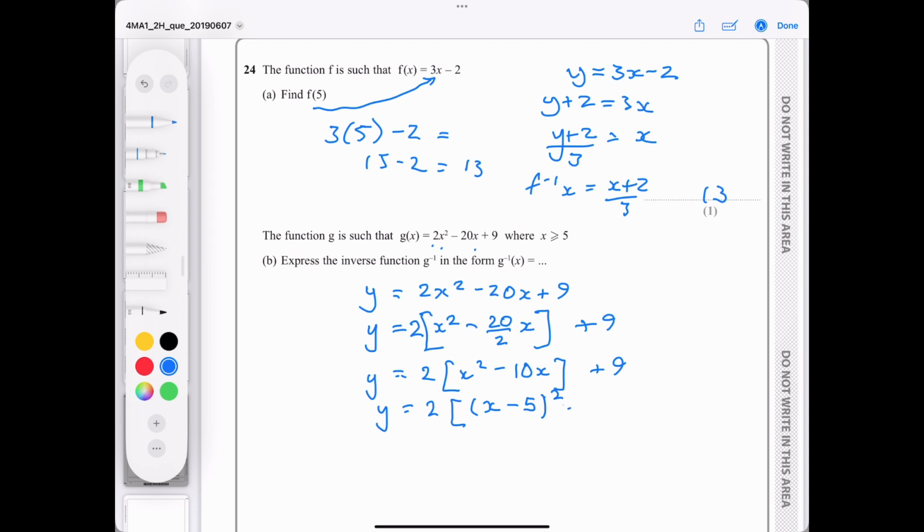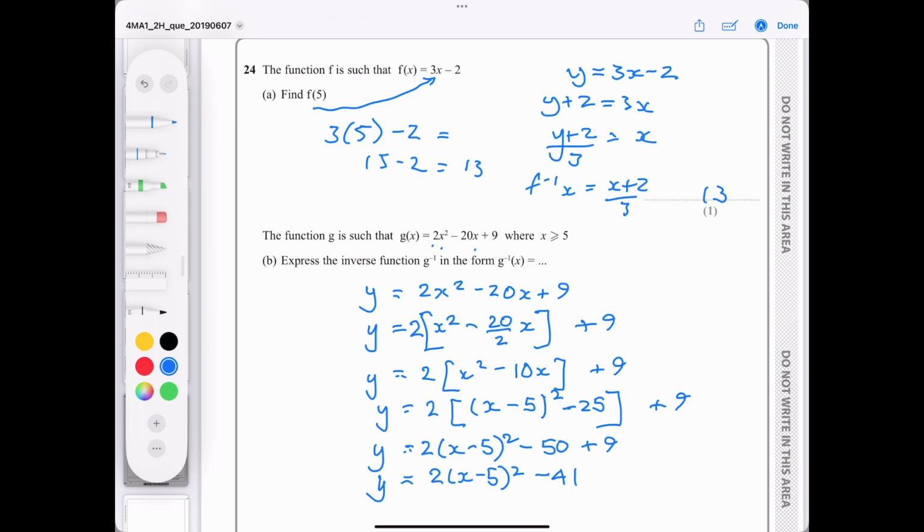So we need to take that 25 away. And that's still beholden to that 2. So now we know that we've got 2 times (x minus 5) squared minus 50, because I've taken it outside, plus 9. So our actual answer is 2(x minus 5) squared minus 41.